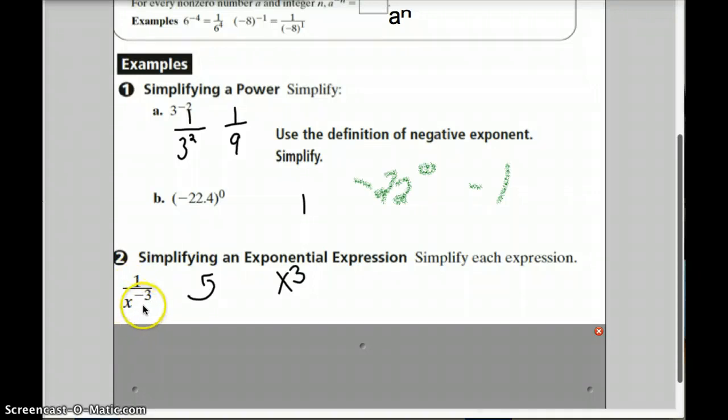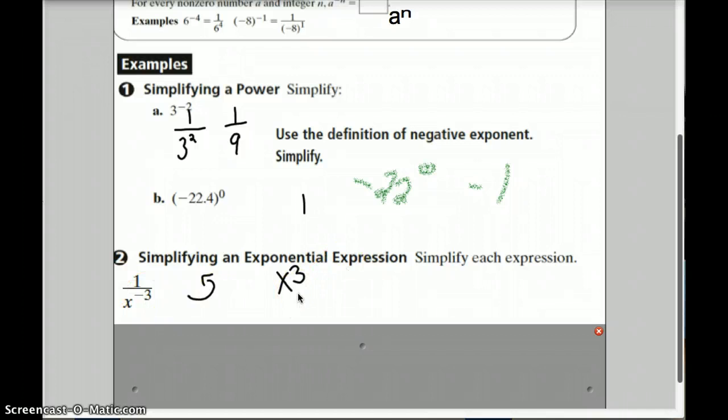So remember, we have the negative exponent, and it's already in the denominator. So again, thinking about that negative exponent as its ticket to the numerator, we're going to use that ticket up, and now 1 over x to the negative third becomes x to the third.